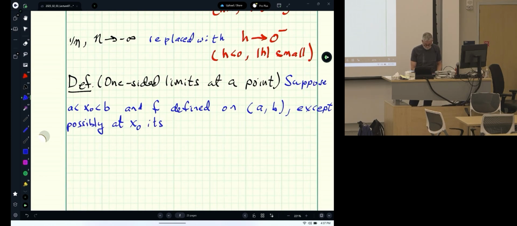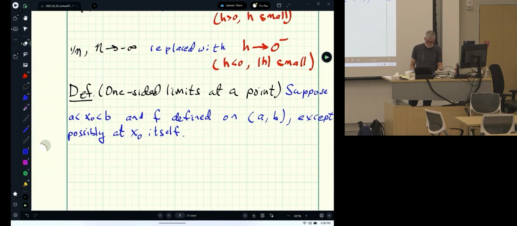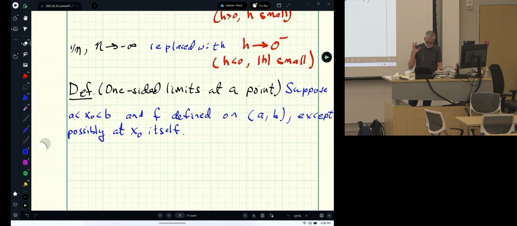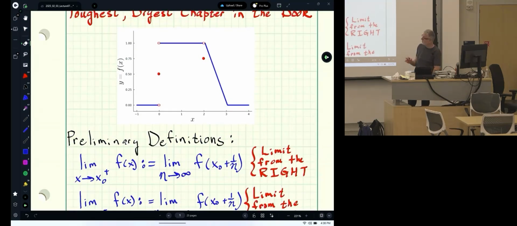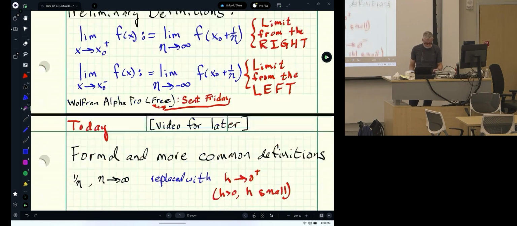And maybe to emphasize it, we'll say x0 itself. So this is just verbiage to represent this picture. We could even have the function undefined at these points and we just wouldn't care.